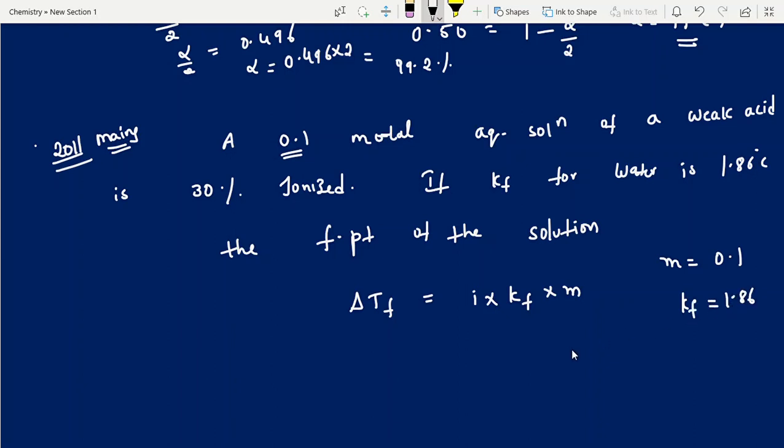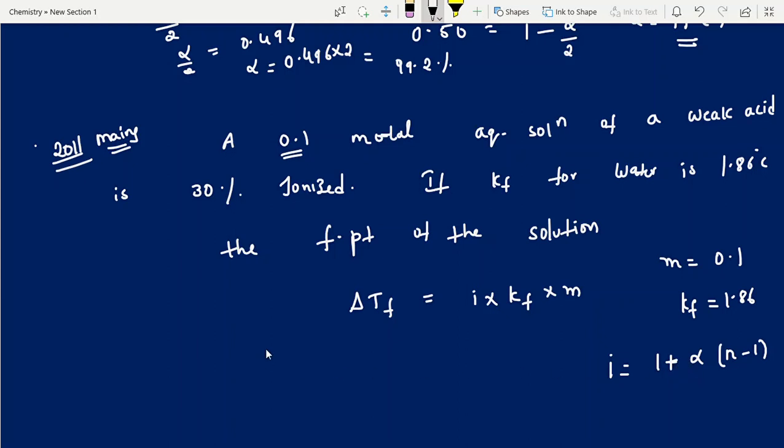What about the i value, students? How to calculate i? For ionization, it is 1 minus alpha, and the formula is i equal to 1 plus alpha into (n minus 1). Clear? From this you can calculate the i value.